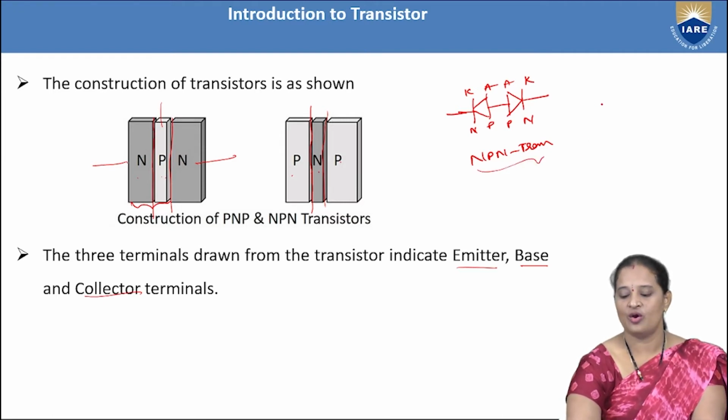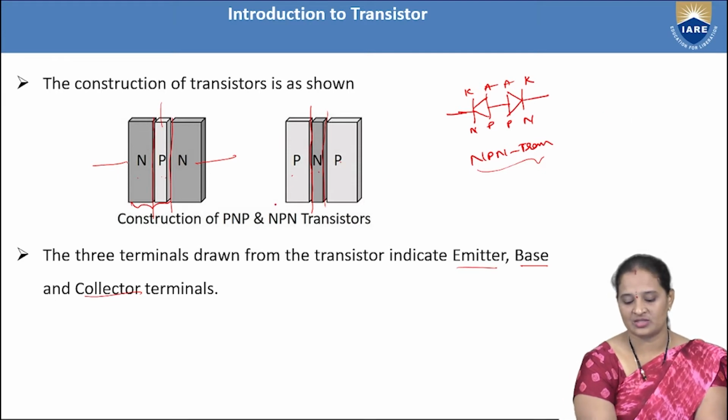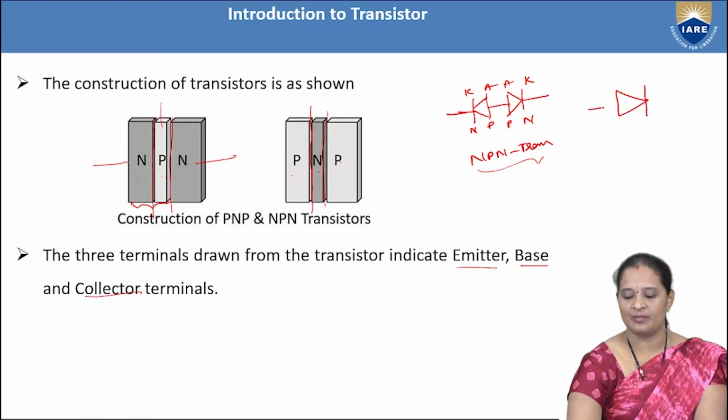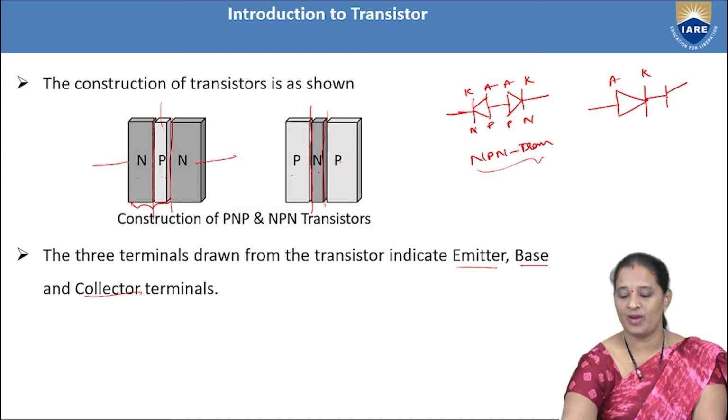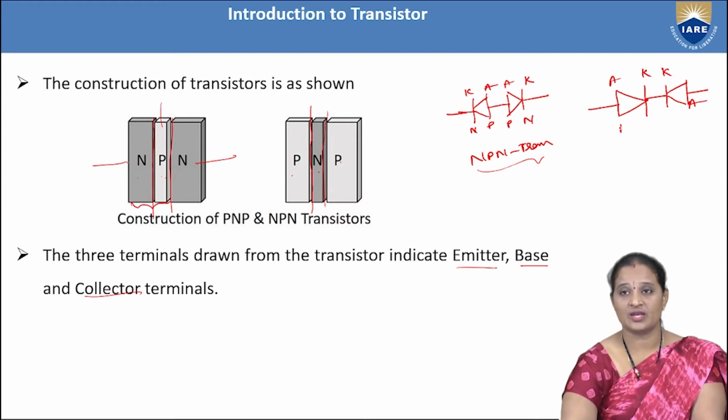This is NPN. Whereas in case of a PNP transistor, first is P-type material. P-type material gives you the anode terminal. So this is anode and cathode, and here we have again a cathode and anode, a back-to-back connection. As we are taking the anode terminal, this must be P-type material, and this must be N, N and P. So what transistor is it resulting?